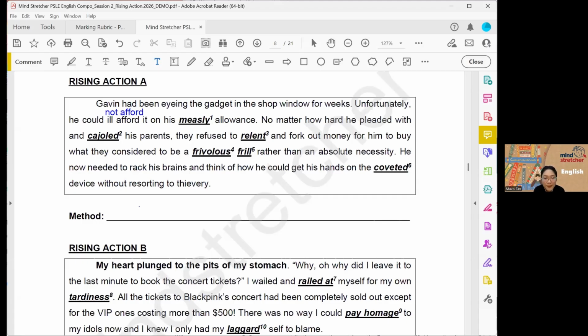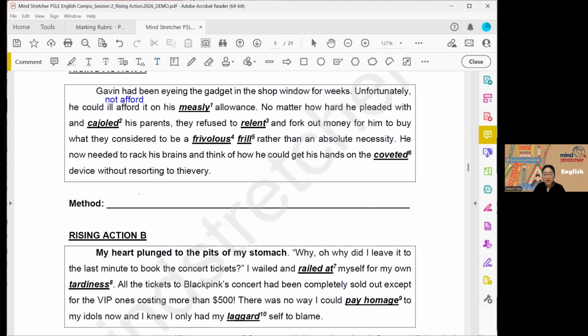Heart plunged to the pits of my stomach. This is showing. Because this cannot be literal, it's metaphorical. Okay? If your heart plunged to the pits of your stomach, that means you feel this great dread, or in this case, there is this regret.